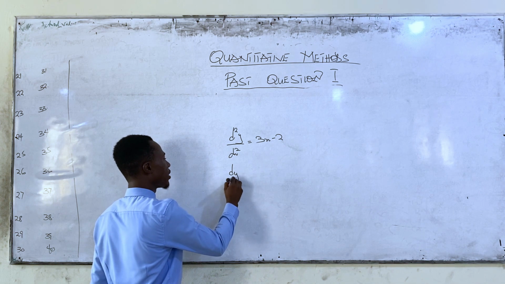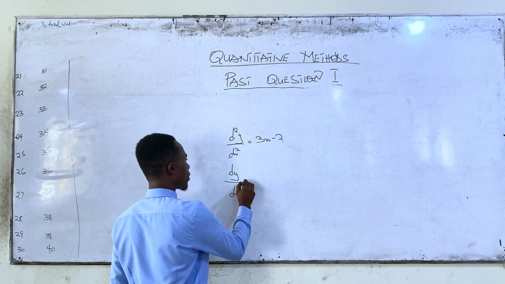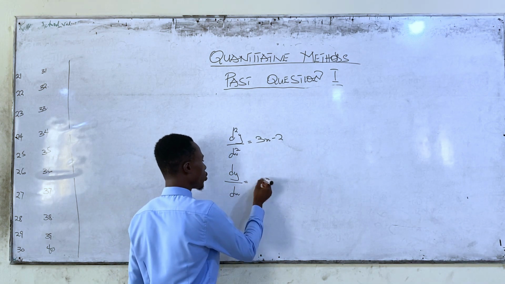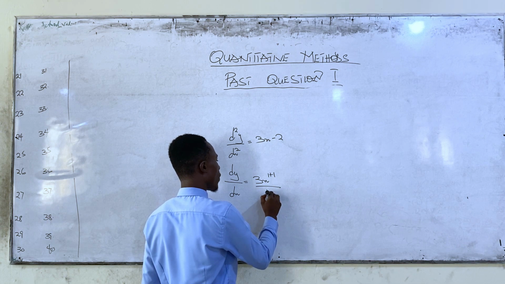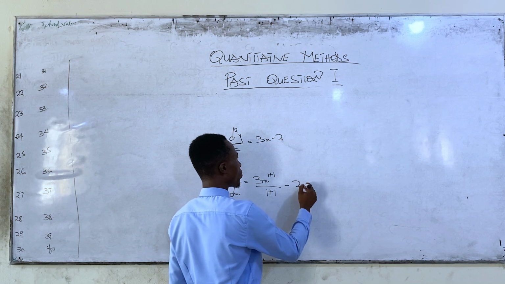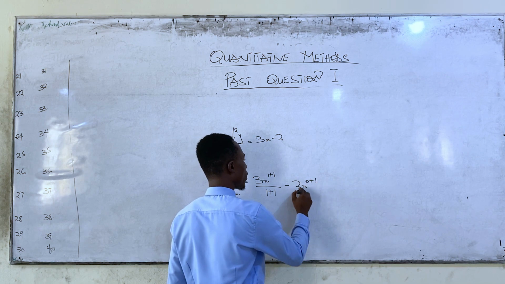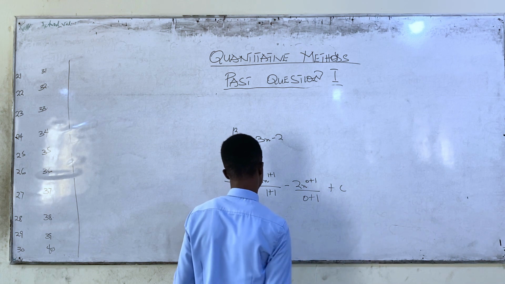So when you integrate it once, you get dy dx. You integrate it, you are going to get 3x to the power 1 plus 1 over 1 plus 1, minus 2, there is x exponent 0 here, so 0 plus 1 over 0 plus 1. Then we add plus c.